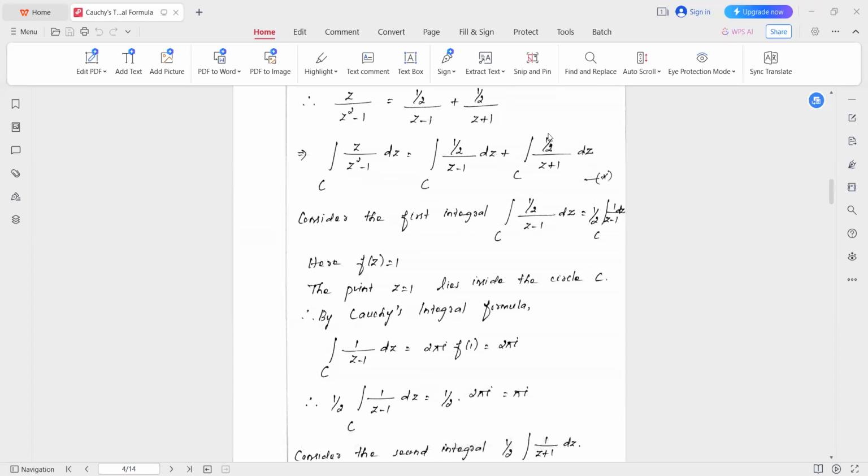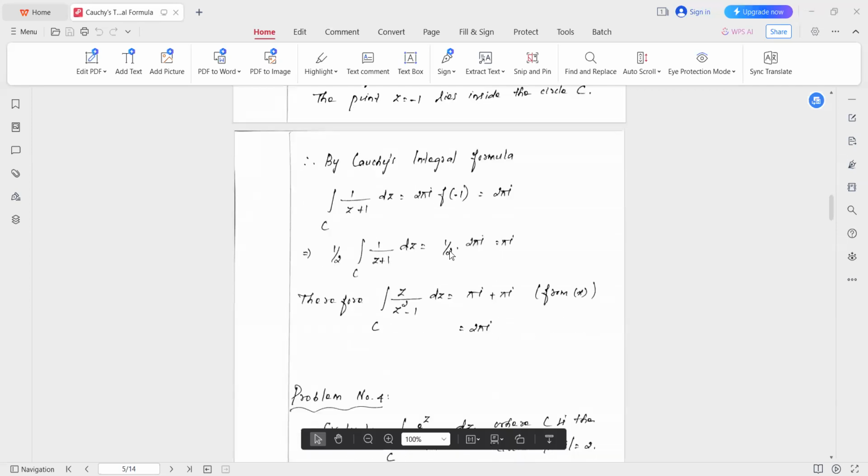In order to find the integral value of this one, what we need to do? We have to multiply by 1 by 2. Already we found the value of integral over C 1 by z plus 1 dz, so now we are multiplying by 1 by 2. So we get 1 by 2 into 2 pi I is equal to pi I.